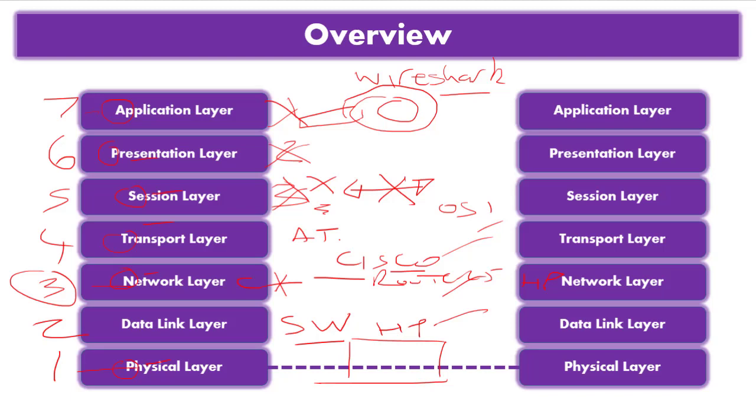So if we follow the OSI model's rules, it ensures that all entities are compatible with each other. This allows all vendors and developers to recognize how data is transmitted over networks, including the internet and even mobile device networks. So the OSI model can help new technologies adapt and grow. It also shows how software and hardware interacts together.